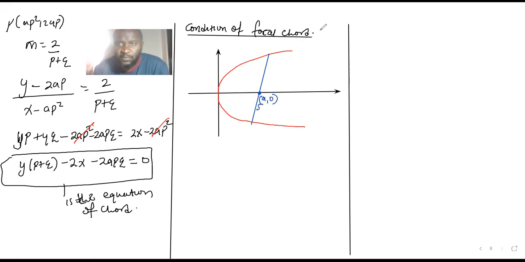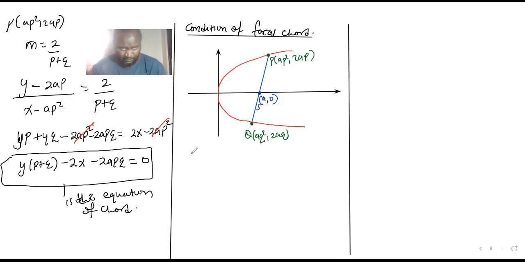In that focus, we are having the following points. We have a point P, which is AP squared, 2AP. Then we have a point Q, which has AQ squared, 2AQ. Now, this line, the chord, is passing through the focus, so we call it a focal chord.